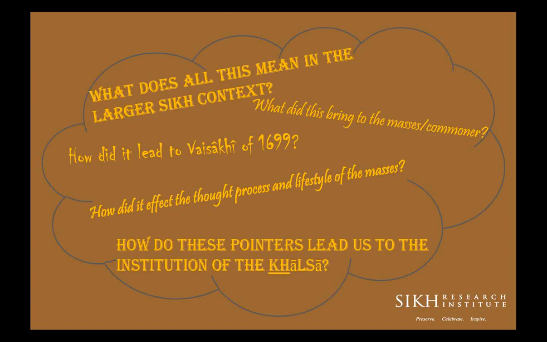How did it affect the thought process and the lifestyle of the masses? What did this bring to the masses and the commoner, who were indulged with the cultural and festivity aspects of Vaisakhi? And of course, 1699. How do these pointers lead us to the institution of the Khalsa?